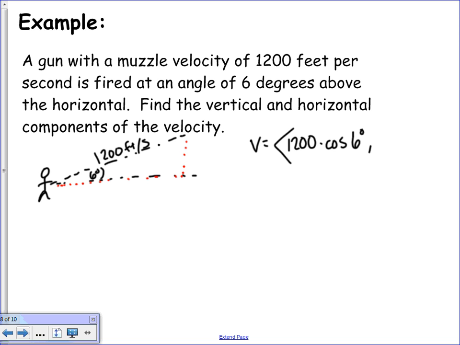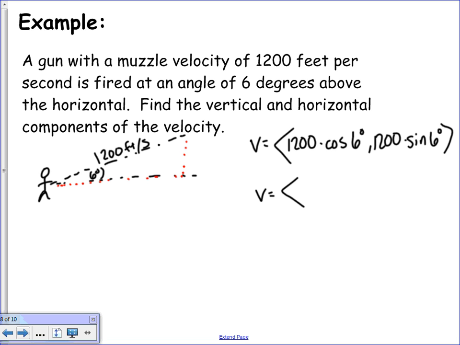And then my magnitude times sine of my direction angle. And there I have horizontal and vertical component listed out in vector component form. Go to my calculator and get an estimate here. So I would type those in.